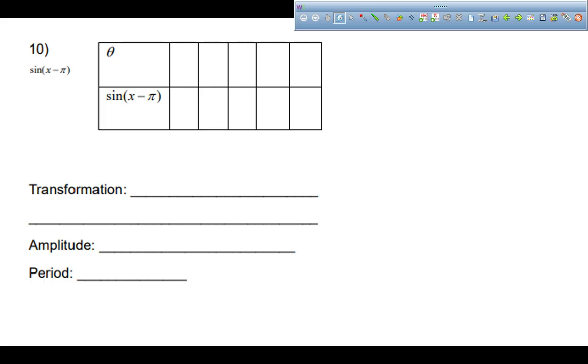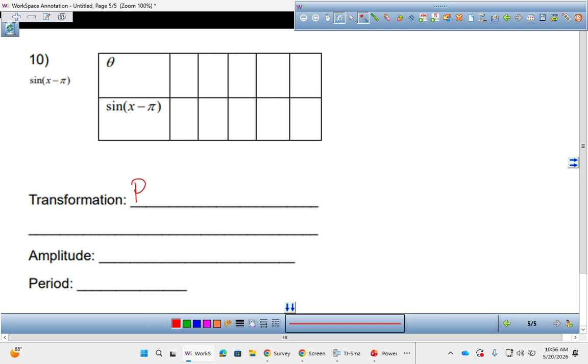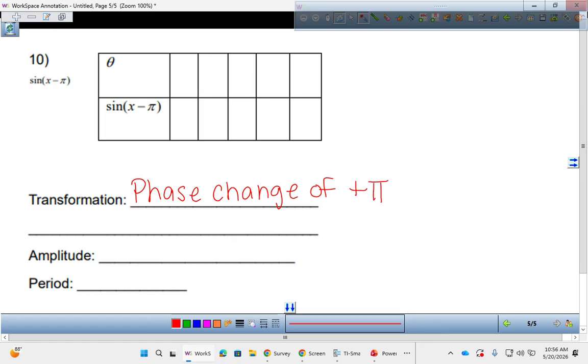So the minus is a right, but the way that we're going to write it, we're going to call it a phase change of positive pi. Because it's going to the right, I'm going to add pi. Phase change of plus pi. Everybody okay with that part so far?